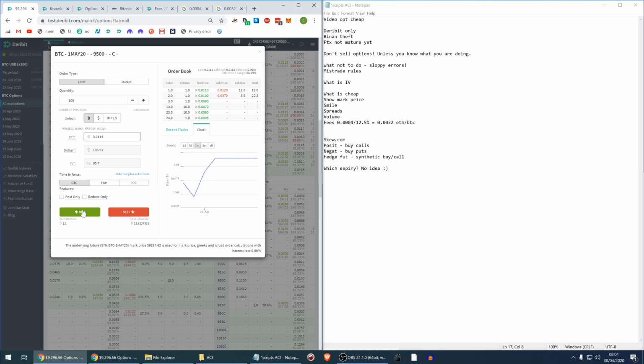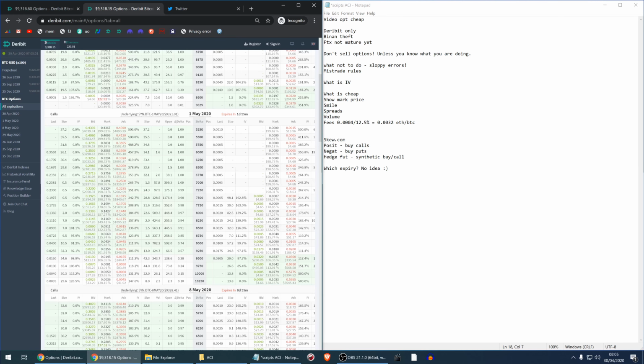Volume is also an important feature. If you see decent amount of volume, it means that your orders which you leave in the order book are more likely to get filled. So these are expiring in 50 minutes, so that's not great, but these are expiring in 1 day, and you can see the volume here, and it will be highlighted by this.